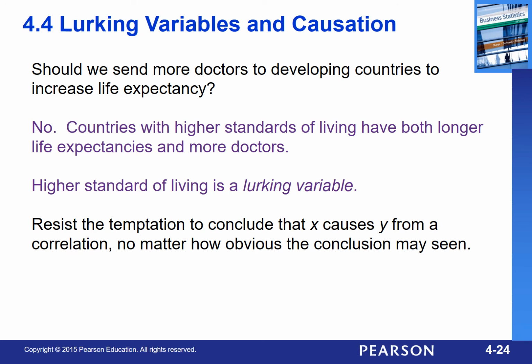And resist the temptation to call it causation, because anytime somebody takes regression and says one thing causes the other, they've misused statistics and they've lied horribly. Do not say that regression or correlation indicates cause.